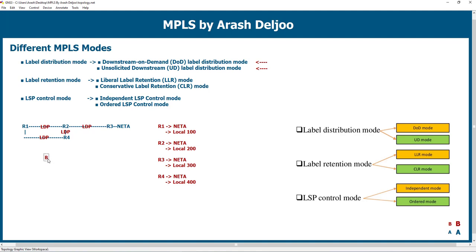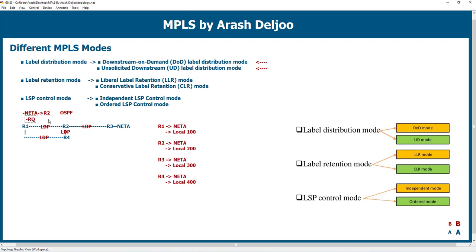For example, if R1 chooses R2 as next hop for net A, because we have OSPF as the routing protocol, and OSPF says to R1 that the best next hop to net A is R2 because of the lowest metric, then R1 sends a request to R2.